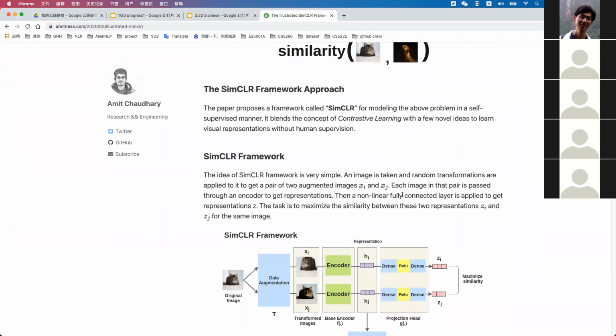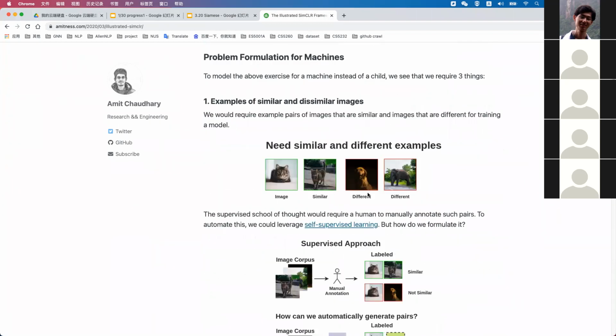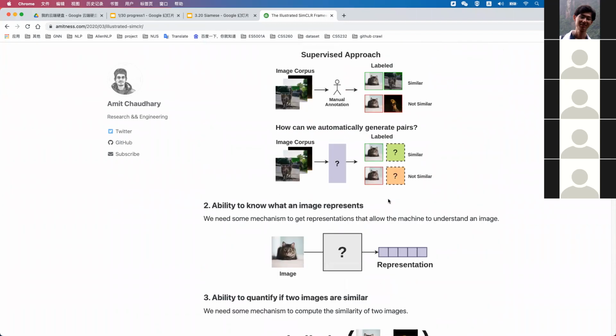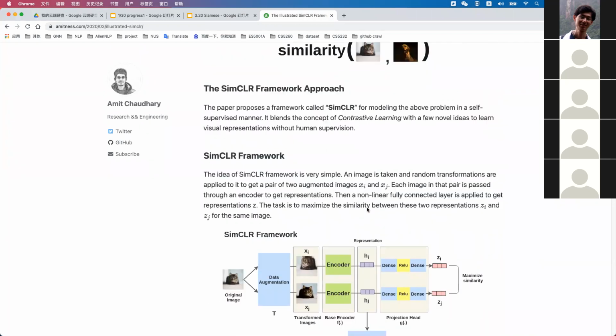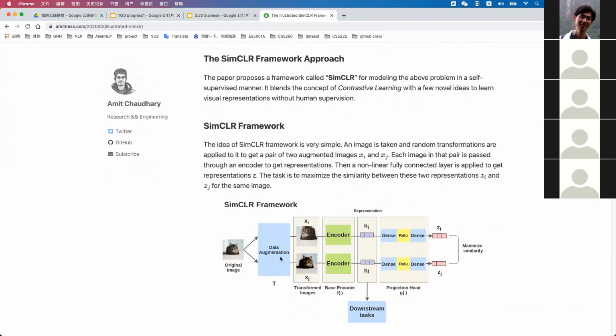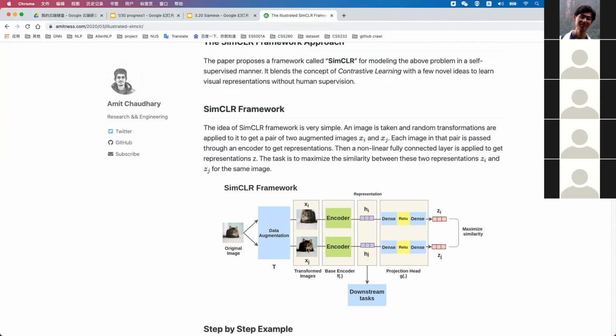For the first part, how to get the training data set of different and similar, it just uses data augmentation. I'm not familiar with data augmentation in computer vision. From my understanding, it's just like spinning the picture or coloring the picture or something like this.